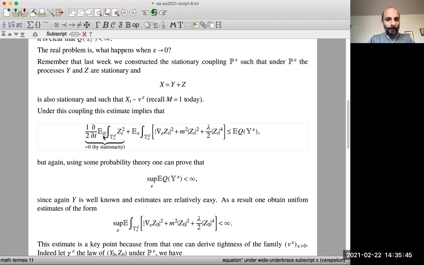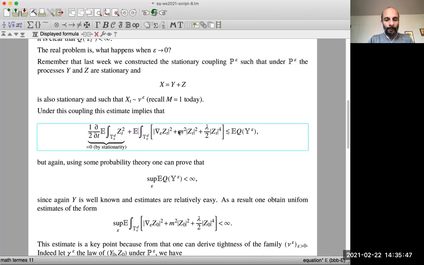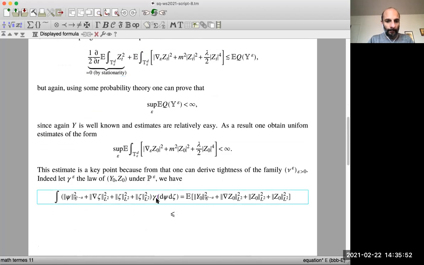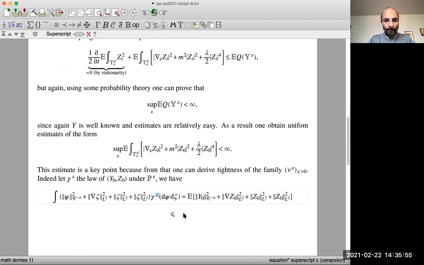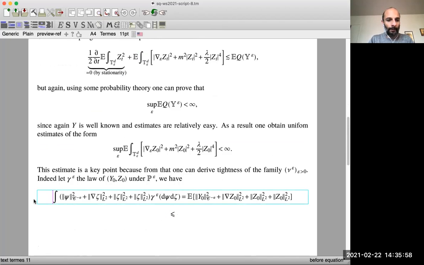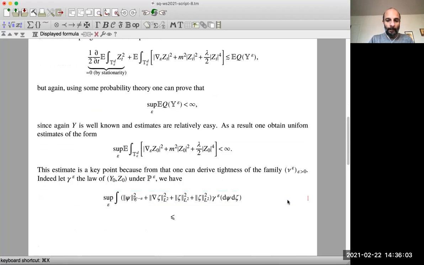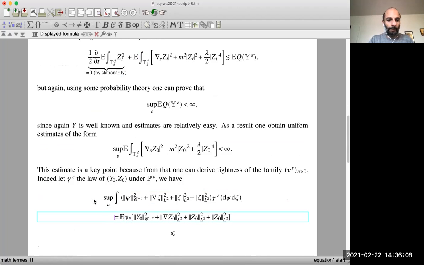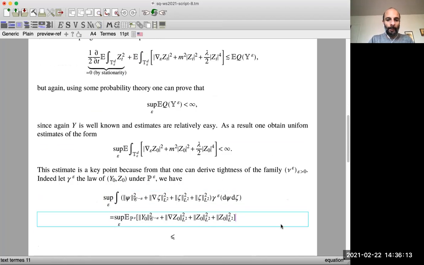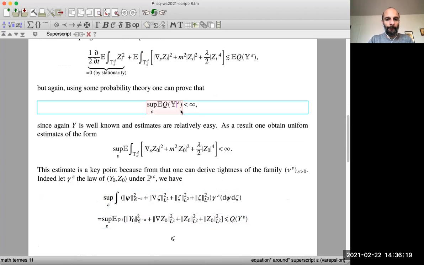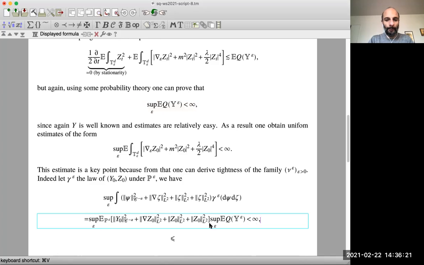I don't need to put it on z because z depends on epsilon through the time of the law. And here, you have these bounds and this is uniform in epsilon. So here I could write supremum over epsilon. And now you have the supremum. Let me point out this is p epsilon. So this will be equal to the supremum of that. And we know that this is smaller or equal to some q of y epsilon. Okay, here you have this estimate.